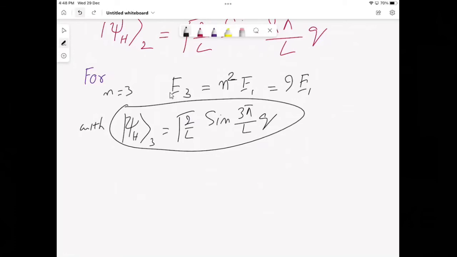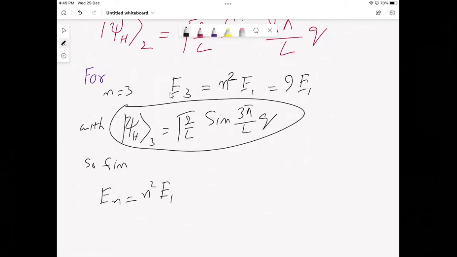So there may be different types of questions. So finally, En will be equal to n square E1.